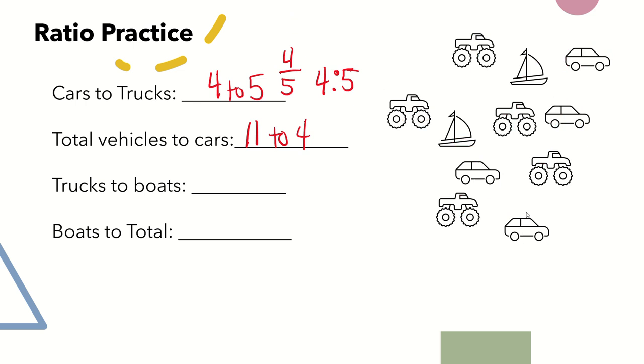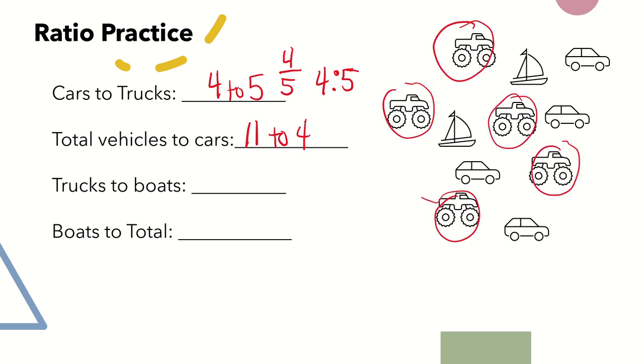Trucks to boats. 1, 2, 3, 4, 5 trucks to 1, 2 boats. Okay, and now let's look at our last one.